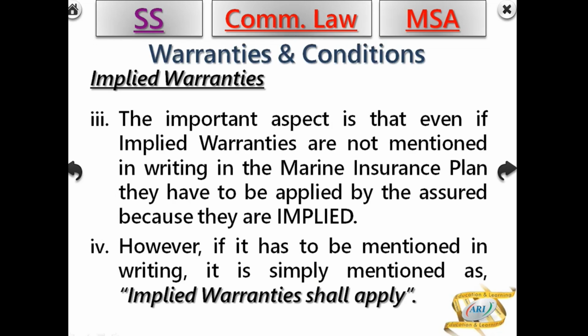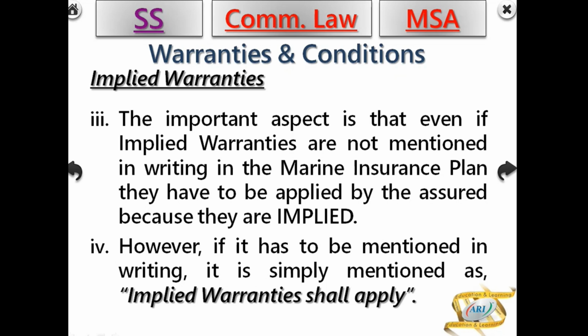So therefore, in the marine insurance policy document, even if it is not written that you will continue to follow the implied promises or implied warranties, the assured, it is understood that he will continue to do that.